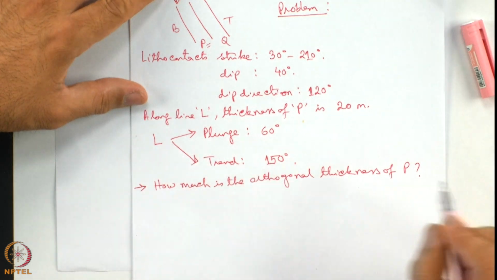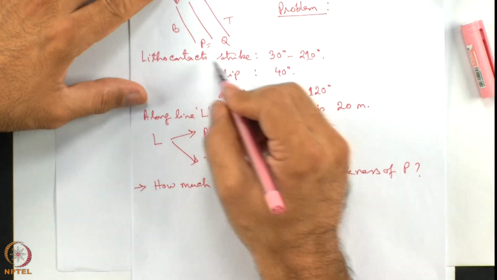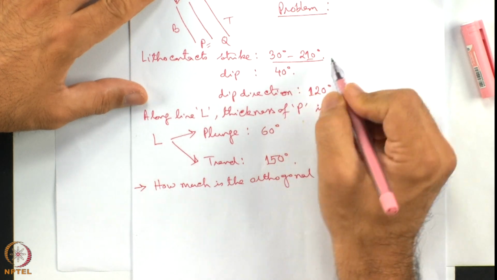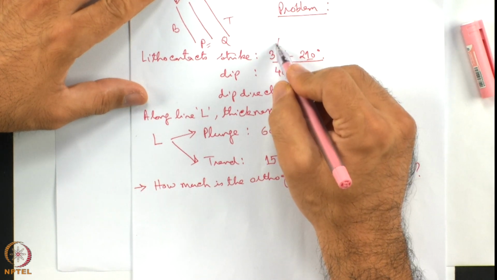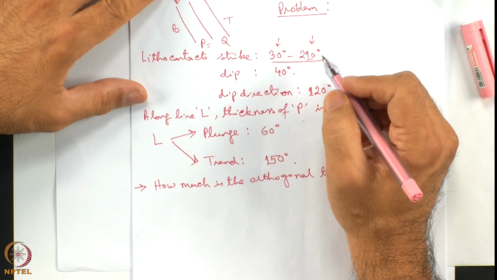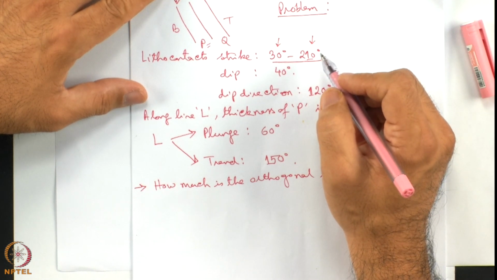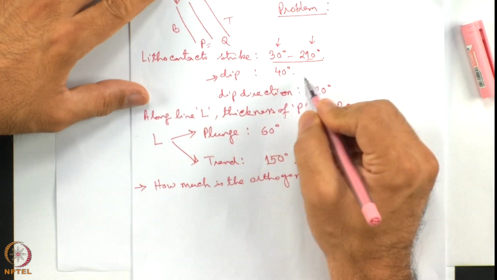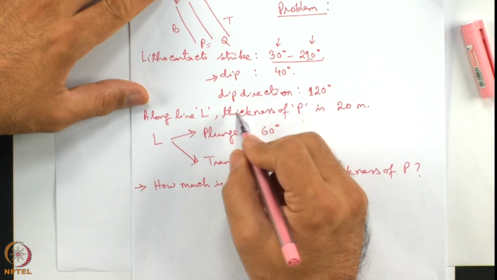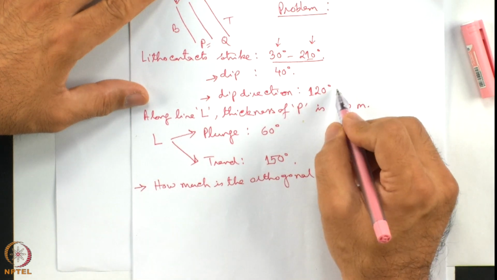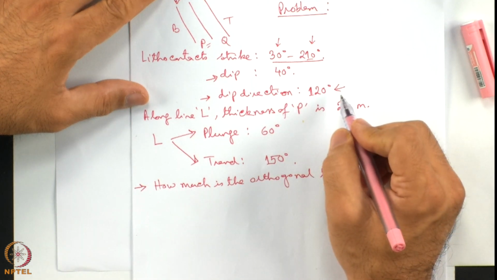Consider we are dealing with parallel contacts, and these litho contacts strike 30 degree, 210 degree. We are referring to these angles measured with respect to north in a clockwise direction, which is the conventional way. Consider that these lithological contacts dip 40 degree and the dip direction of these three litho contacts is 120 degree.